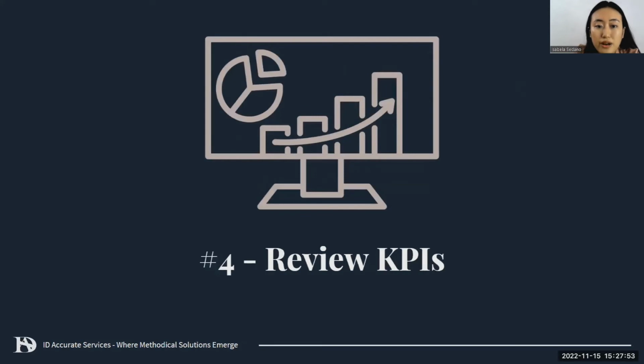Step 4. Review KPIs or key performance indicators. Compare your KPI results from the last auditing report. Did you improve in any way? What needs to be improved? Also compare to your KPI goals.